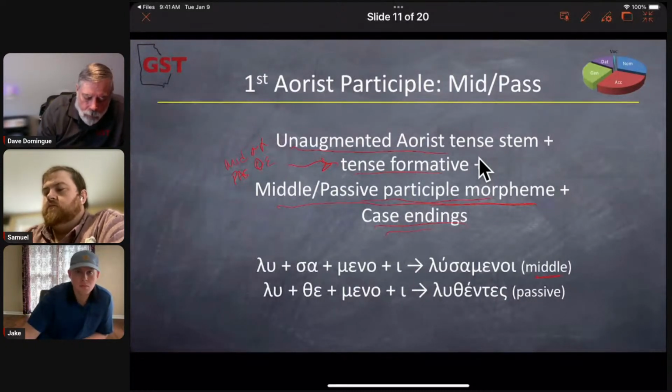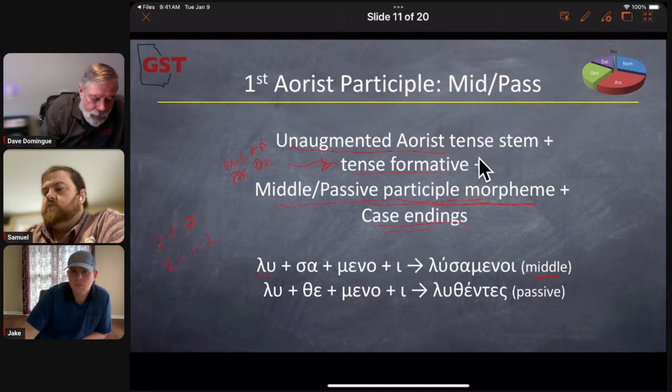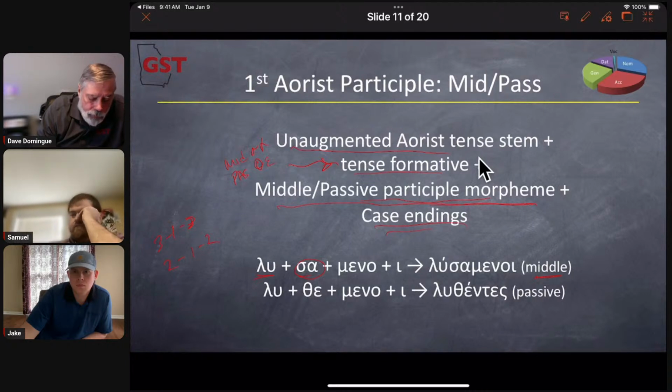In the middle form, we are now switching. Instead of 3-1-3 case endings, we're going to now do 2-1-2 case endings. We have our tense stem, our tense formative.